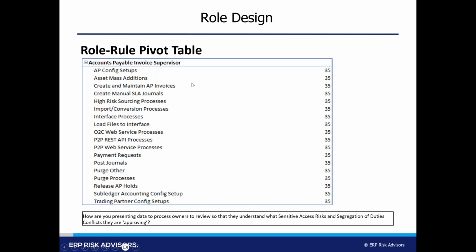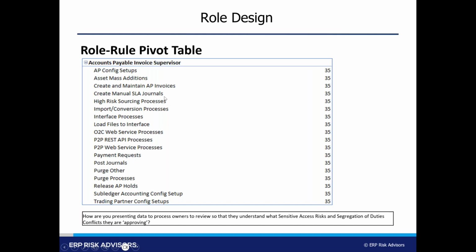There's no way for you to understand every privilege in the system and what those privileges do. So we aggregate those privileges and duty roles and DSPs, combining those into sensitive access rules, and we give you a logical understanding of what those groupings are. For example, AP invoice supervisor has the ability to create manual SLA journal entries.